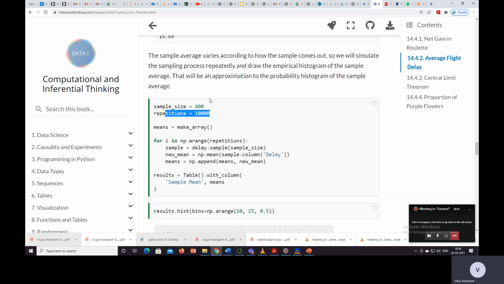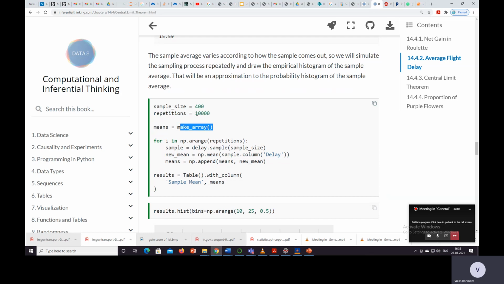For each sample, we have 400 delay data, so we compute the mean and put it into the array. Here sample is equal to delay sample, sample size is 400, and we compute the mean on the column delay and append the mean to this empty array.